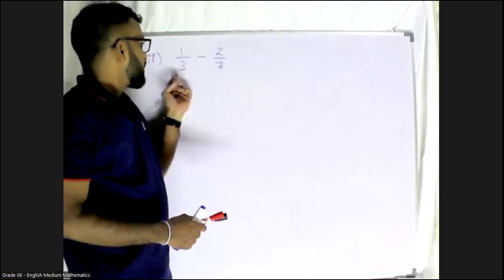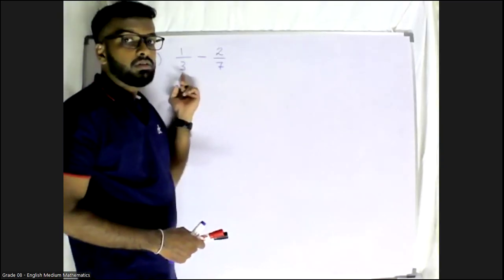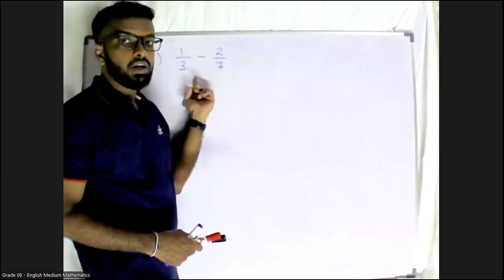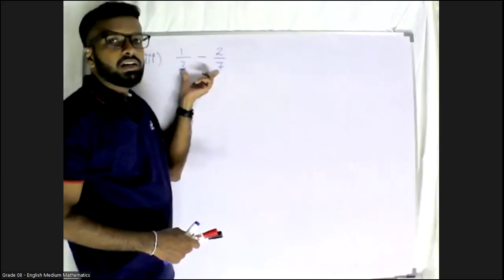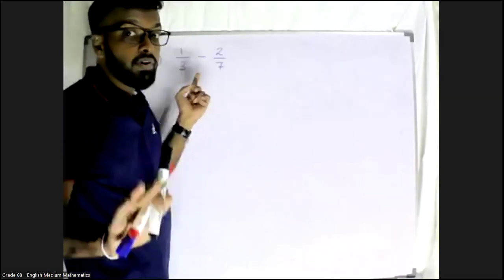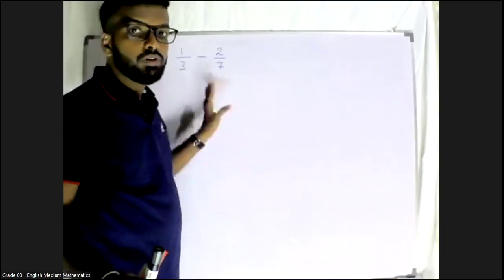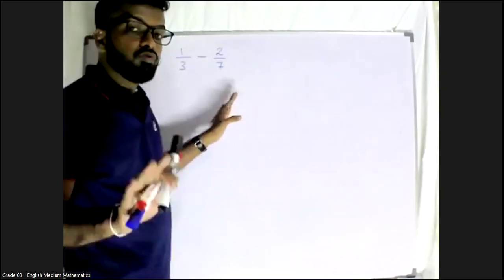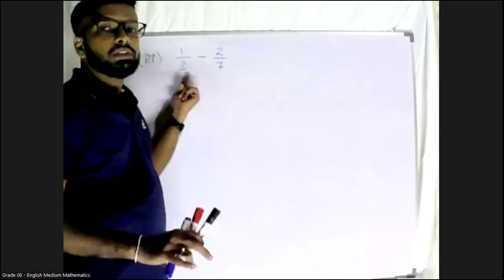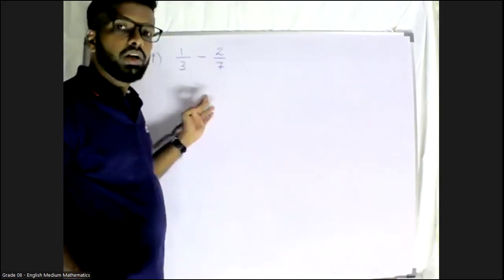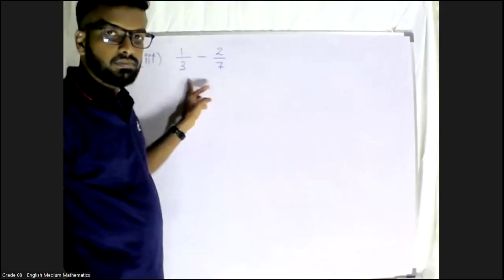At once you can say the common denominator should be 3 into 7, 21, right? Because there is no common factor for 3 and 7. That is why you are going to multiply these two numbers, 3 into 7, 21. 21 should be the common denominator for both of these, right?